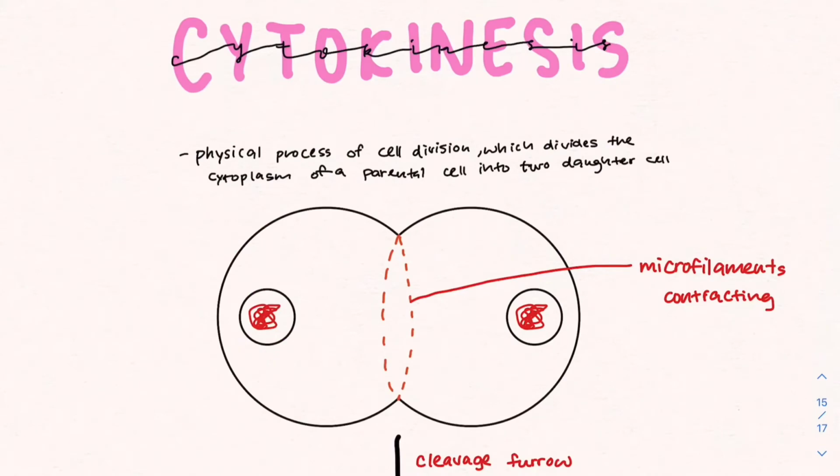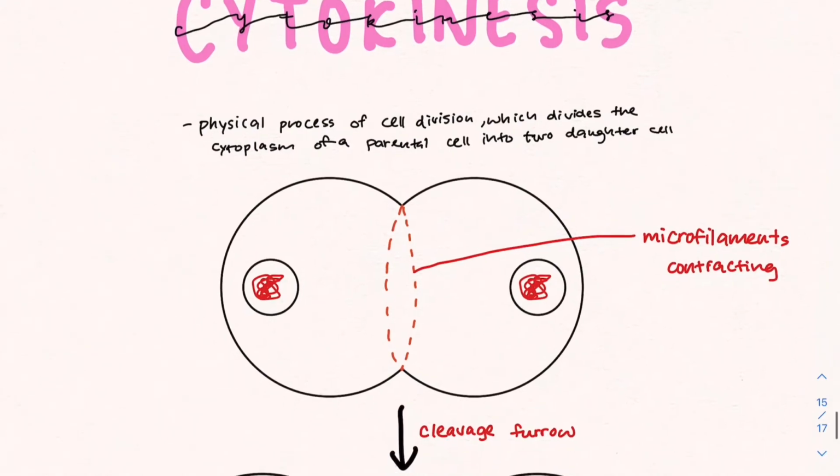Okay guys, we're in our last stage of the cell cycle, which is cytokinesis. So cytokinesis is the physical process of cell division, which divides the cytoplasm of a parental cell into 2 daughter cells. In the animal cell, the microfilaments, which are proteins, will attach to the inside of the cell membrane at the center of the cell.